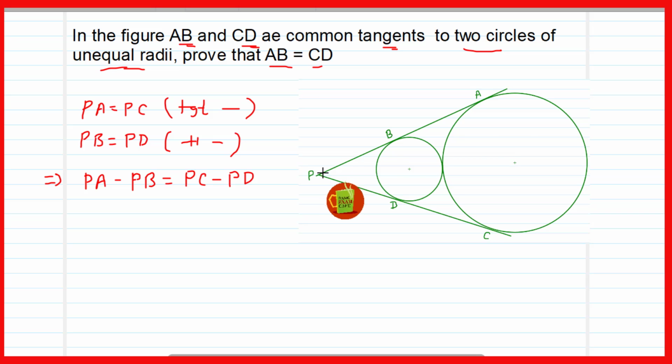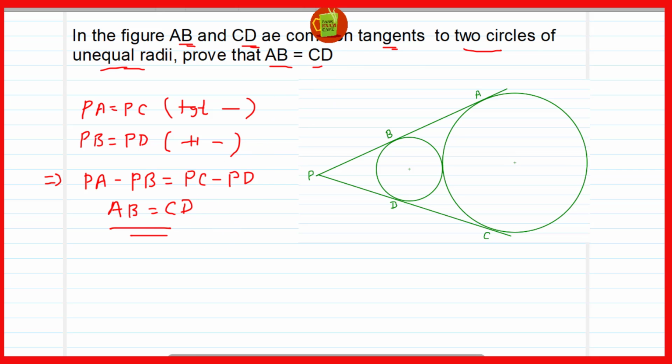So PA minus PB, if you remove this PB, what will you get? That will be equal to AB. So PA minus PB is equal to AB. Now PC minus PD, PC is this total length, minus PD will be this length, so what will be left? DC will be left, which is equal to CD, and hence it is proved that AB is equal to CD.